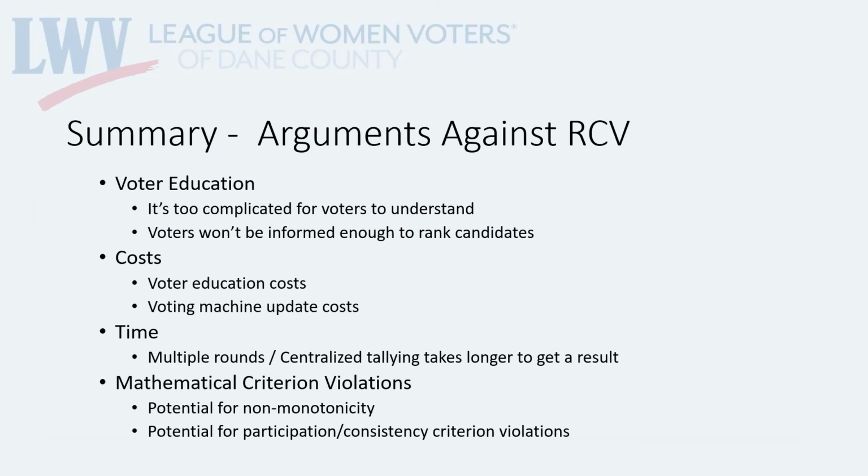The next bucket is time. The system can take more time to get an election result. And the last bucket is the potential for mathematical criterion violations, leading to unexpected results. All electoral systems violate some mathematical criteria, leading to what one could call unexpected results. The two we discussed, monotonicity and consistency participation, are the two most commonly brought up when discussing ranked choice voting.